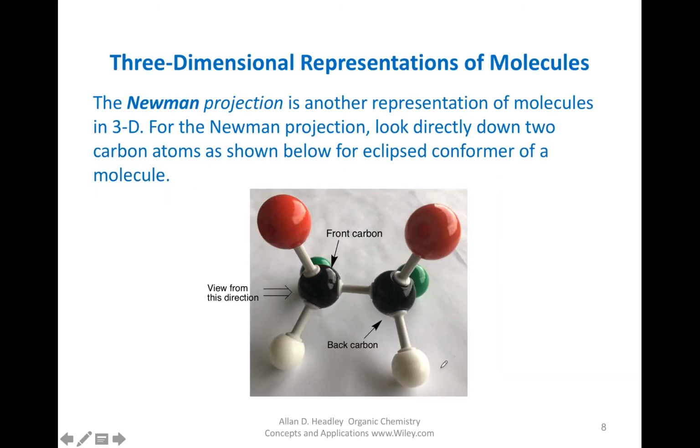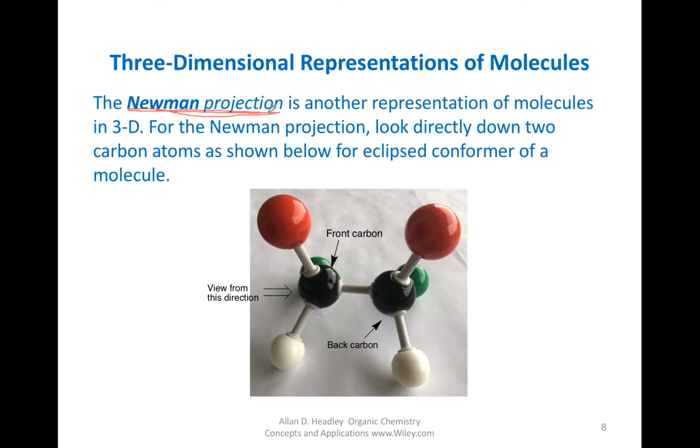So what we're going to do here is, let us develop another representation of three-dimensional molecule. And this one is called the Newman projection. What you'll discover in chemistry, we have different ways of doing things, and each time some students can find one way easier and another way a little more tricky to understand.